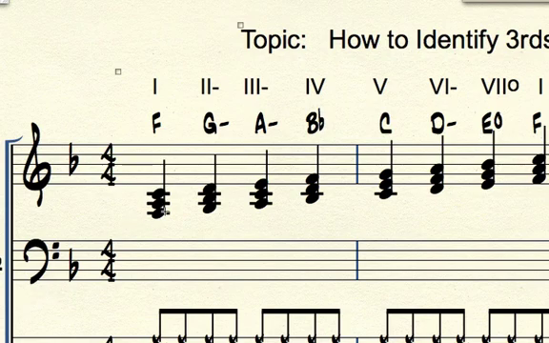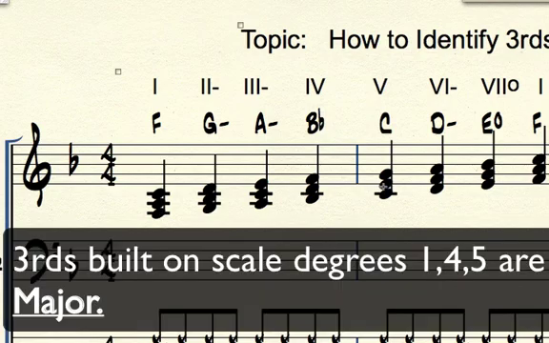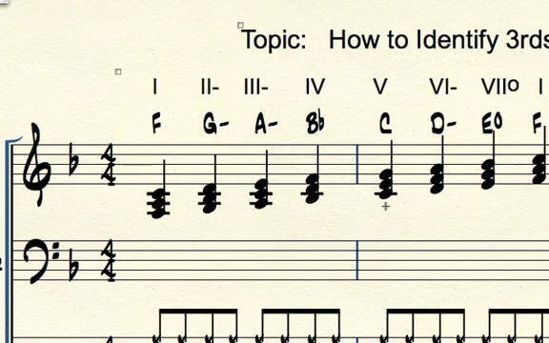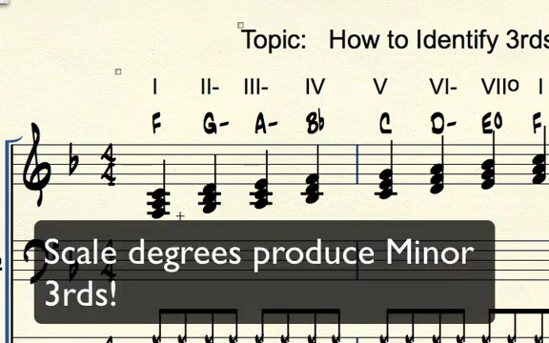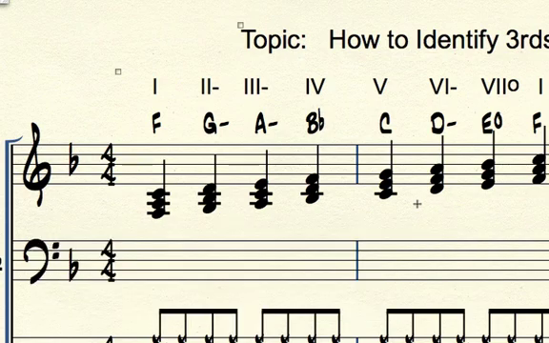So that means when you build a third on scale degrees 1, 4, and 5, you will have major thirds, because those are major chords. Scale degree 1, major. Scale degree 4, major. Scale degree 5, major. Scale degrees 2, 3, and 6 are minor, so the thirds starting on scale degrees 2, 3, and 6 will be minor thirds.